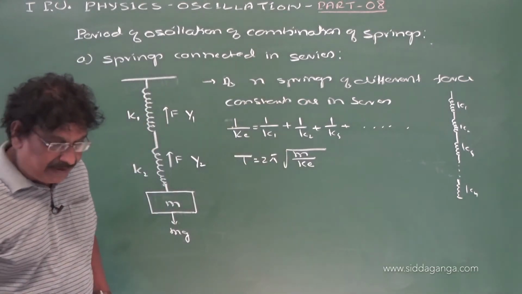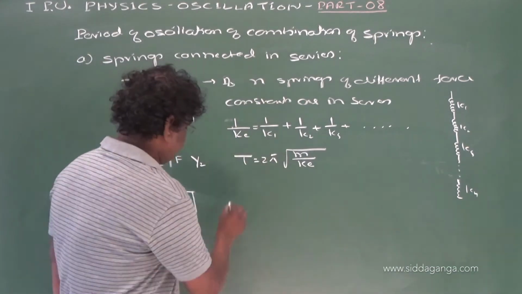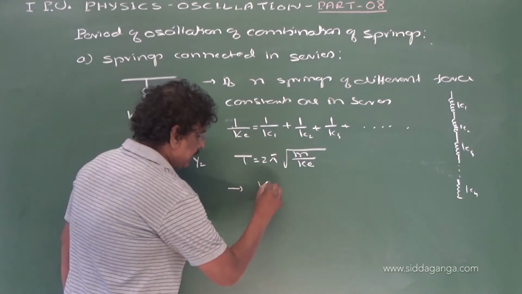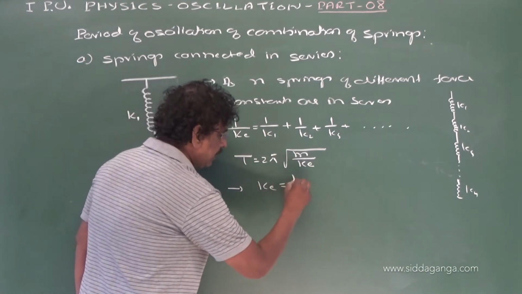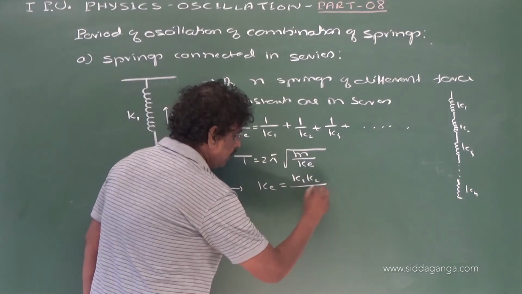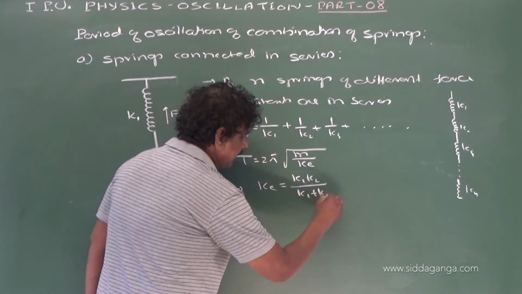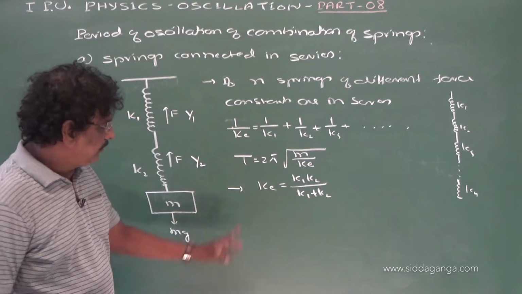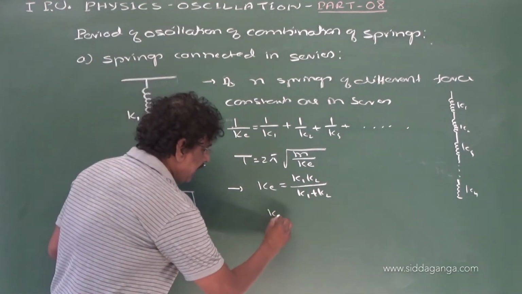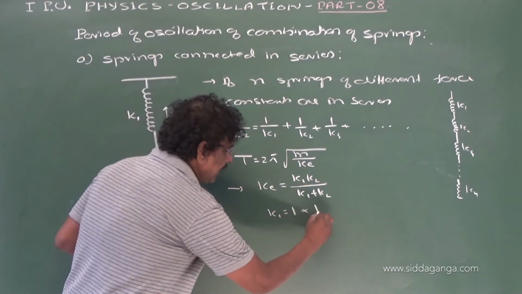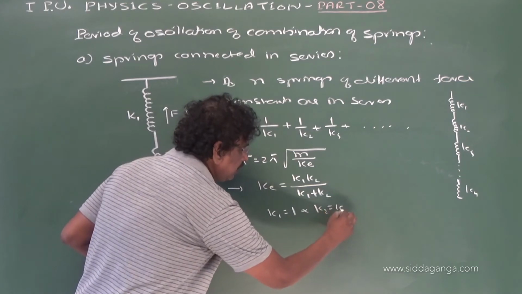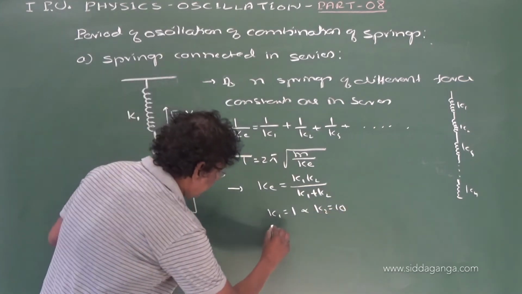Generally, when we take two springs, Ke is equal to K1 K2 by K1 plus K2. Suppose K1 is equal to 1 Newton per meter and K2 is equal to 10 Newton per meter.